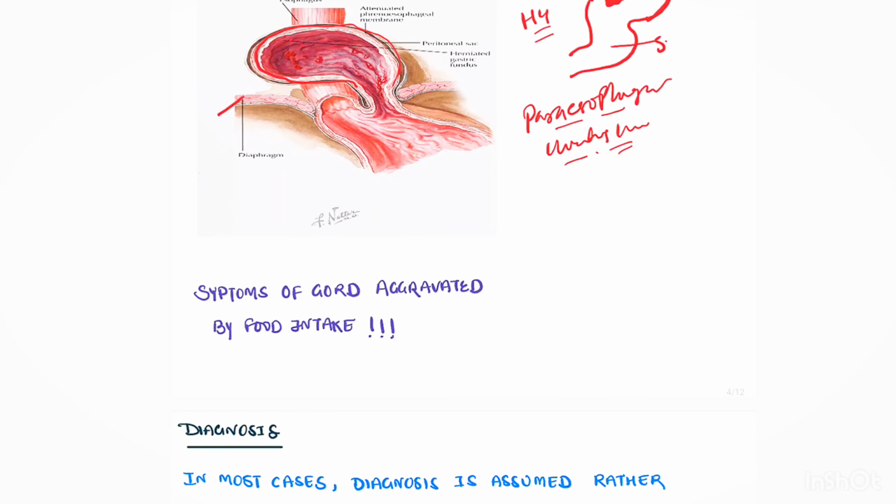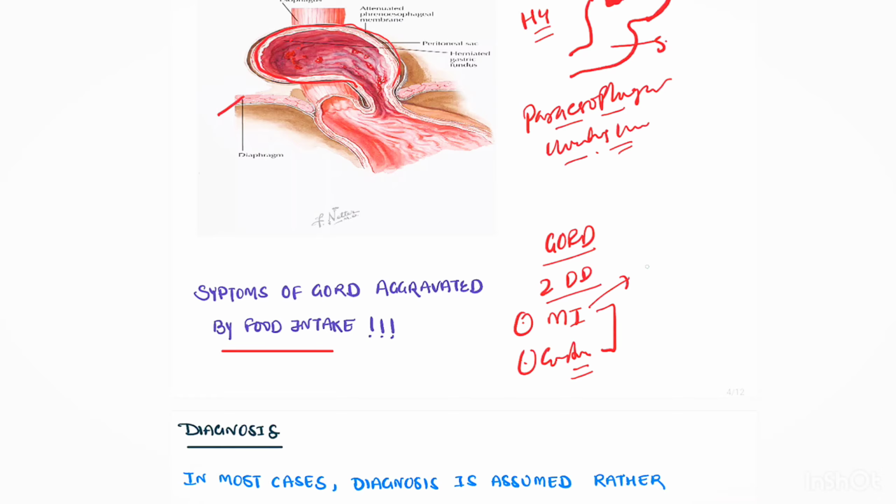So symptoms of GORD are aggravated by food intake. What is the significance of this simple line? Because a patient of GORD has two differential diagnoses, MI and gastritis. Differentiation between these two can be done by this simple point.